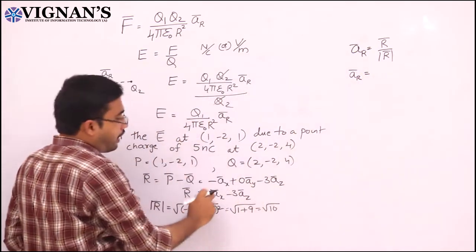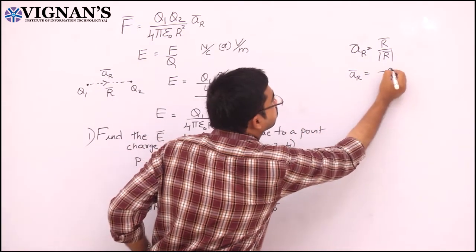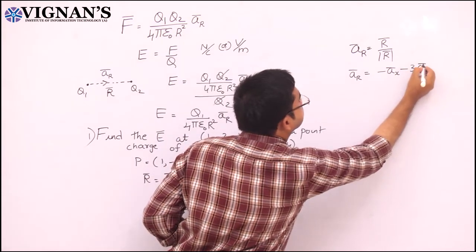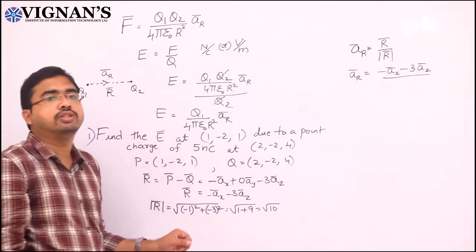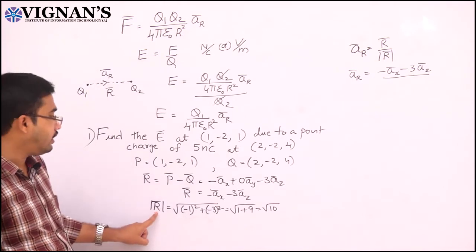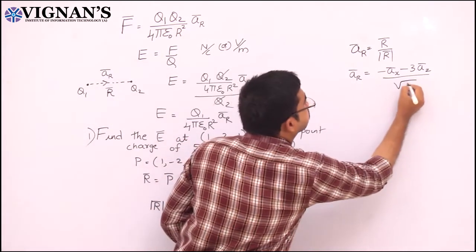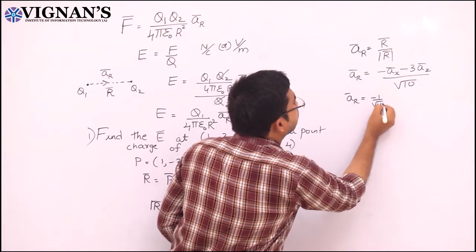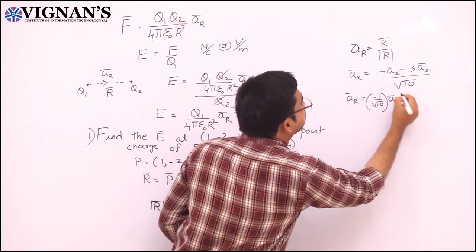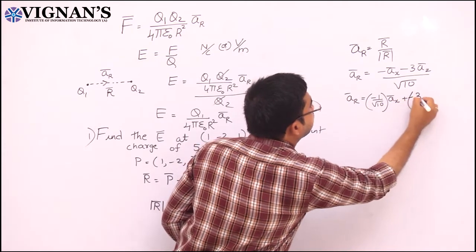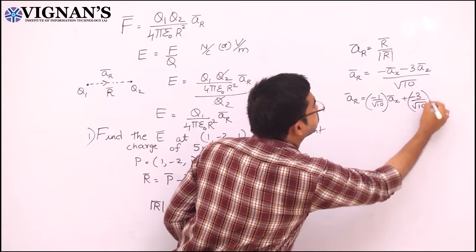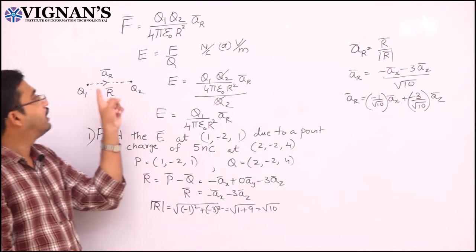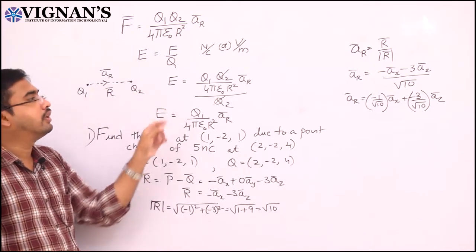R bar is minus ax bar minus 3 az bar, divided by the magnitude, which is root 10. So your aR bar is minus 1 by root 10 into ax minus 3 by root 10 into az. This is the unit vector aR bar that is acting in the direction of the force.